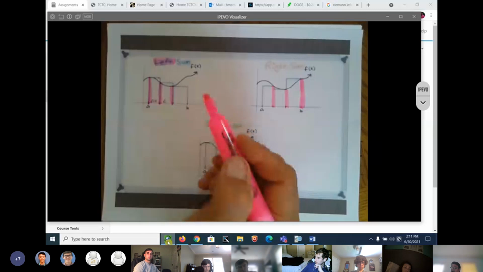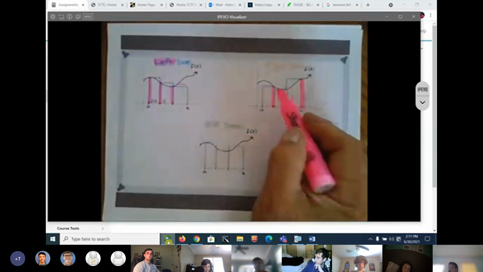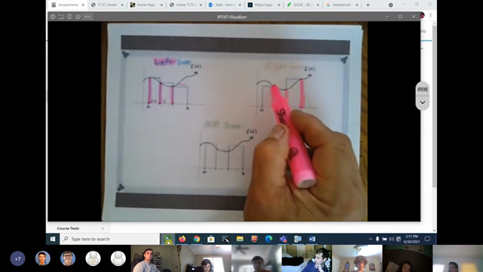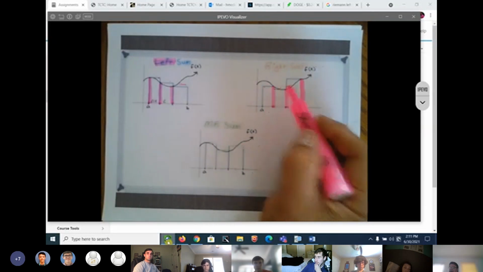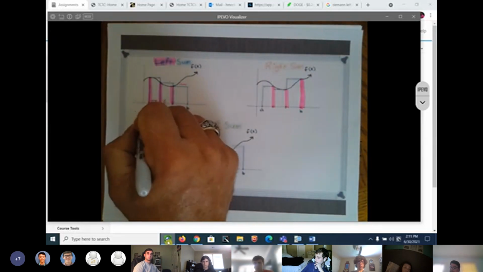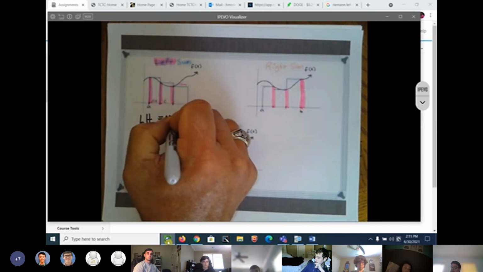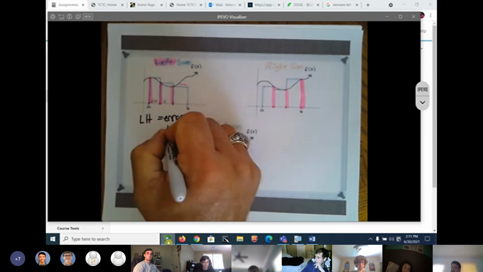Or see, that's not an excess right there. That's below the curve. So here you've got the right side, but the excess or the error, let's call it the error. The error is on the right. So with the left hand, the error is on the right.